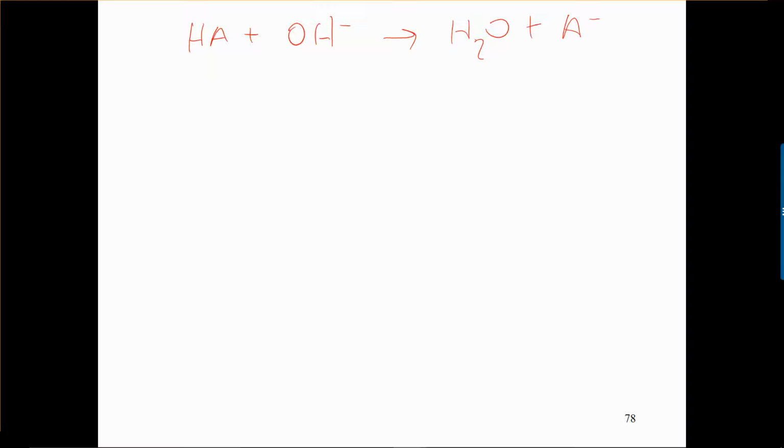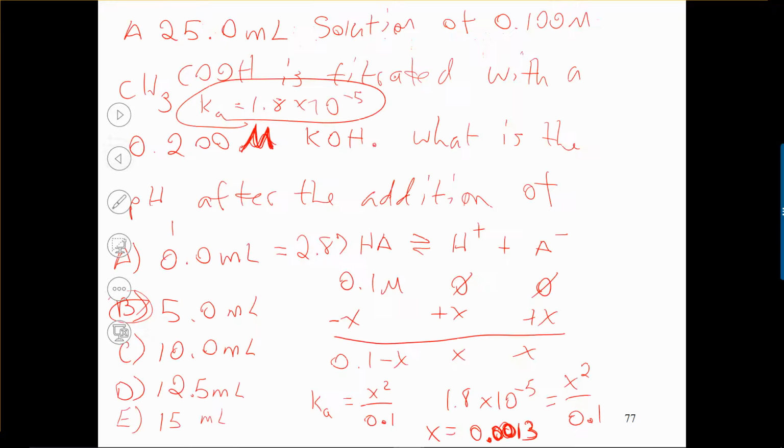Our initial concentration depends on the dilution, because we started out with 25 milliliters of a 0.1 molar solution of acetic acid, and then we added 5 milliliters of a 0.2 molar potassium hydroxide. So we have to figure out the dilutions of everything we're starting with.